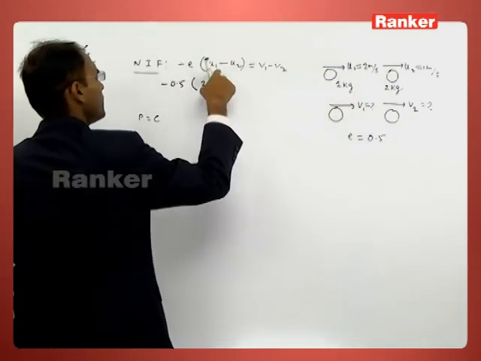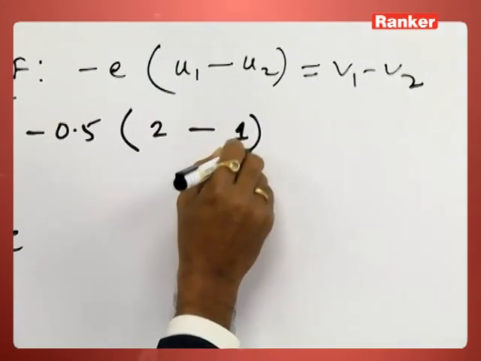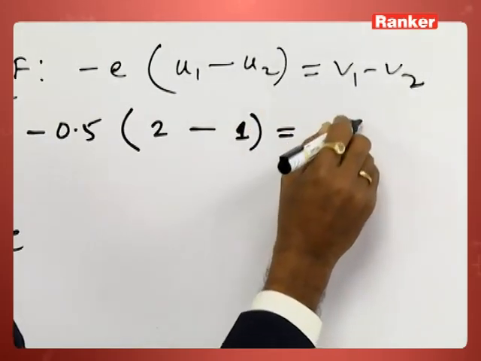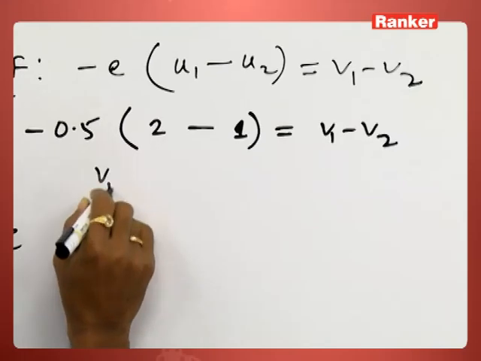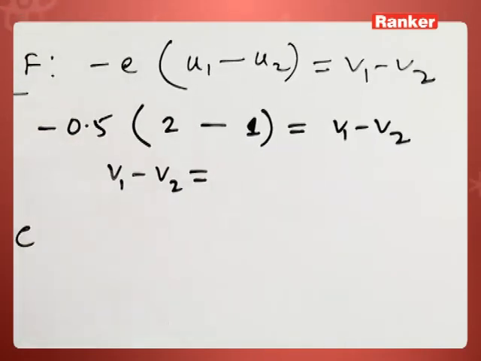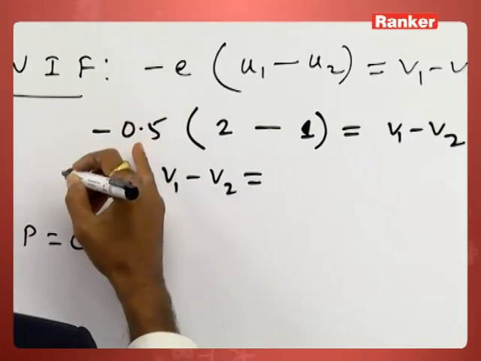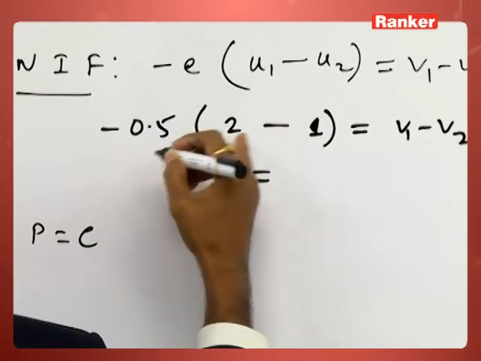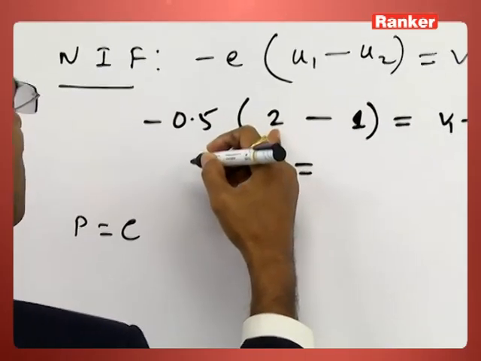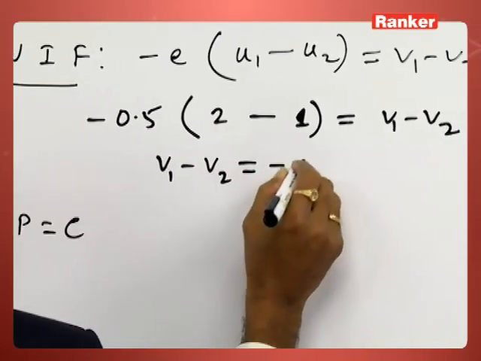So, you can write U1 equal to plus 2, U2 equal to plus 1. So, V1 minus V2 is equal to minus 0.5 into 2 minus 1, that is 1, into 0.5, that is minus 0.5.